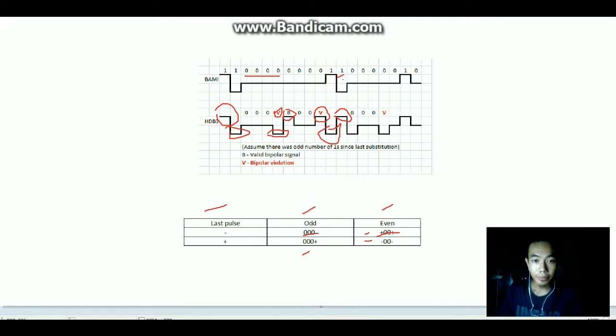Then this part, the number one is at positive level, so we use the code down here, meaning negative, 0, 0 and negative, where the first negative level is the valid bipolar signal and the last part is the bipolar violation, which means the disturbance between this basic bipolar signal and the last number one here.